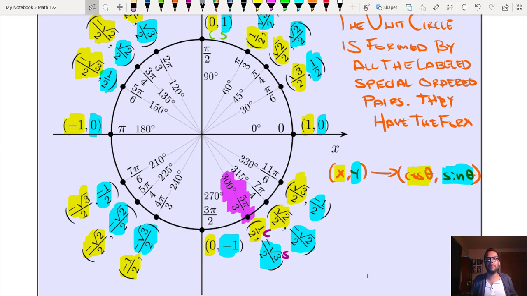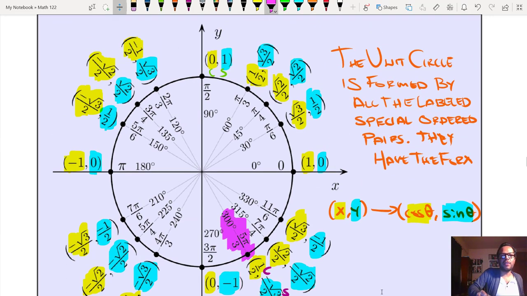For example, I'm going to start at 0 degrees, or 0 radians, and then do a turn to 7 pi over 4. But if I keep turning, I add 2 pi.